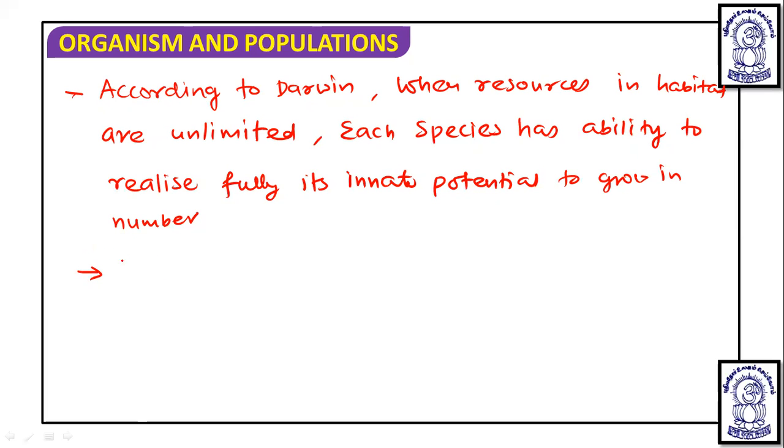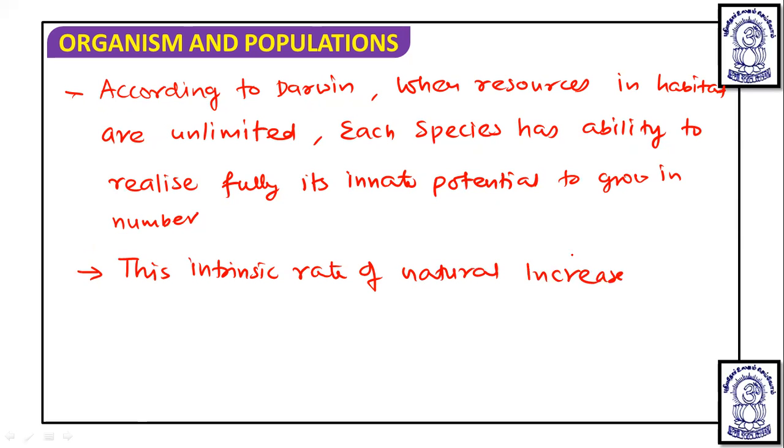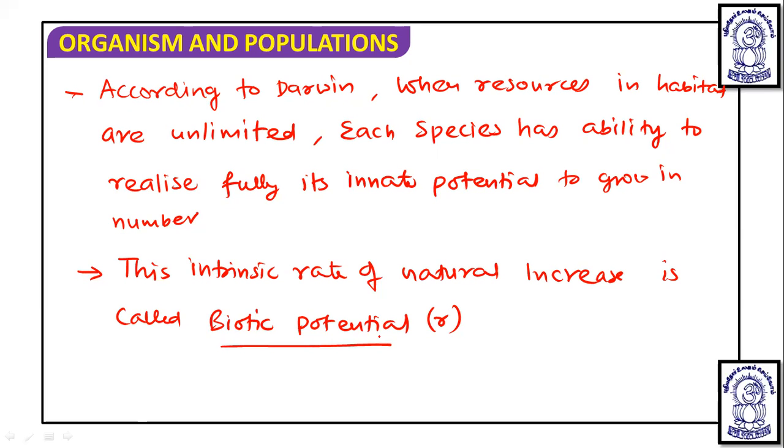And this intrinsic rate of natural increase is called biotic potential, that is r. And it is known that the value of r, or biotic potential, is an important parameter to assess the impact of environmental factors.